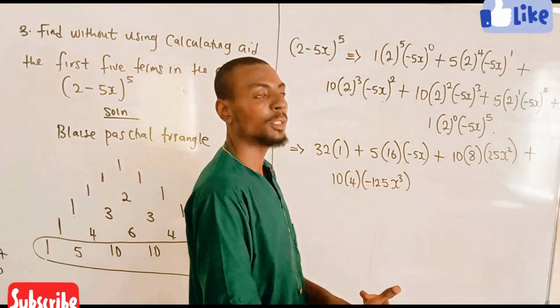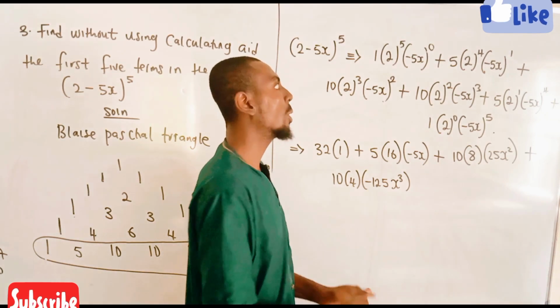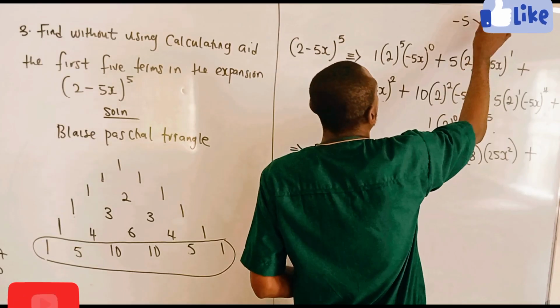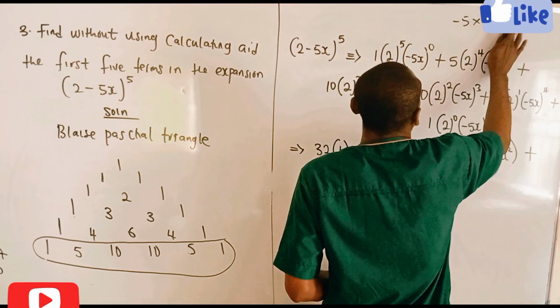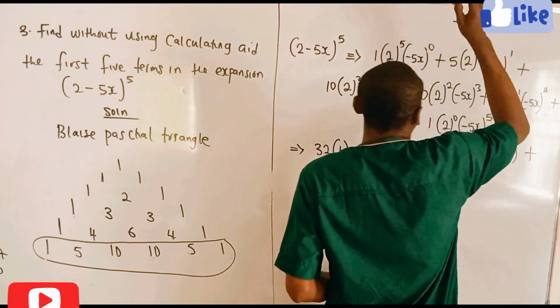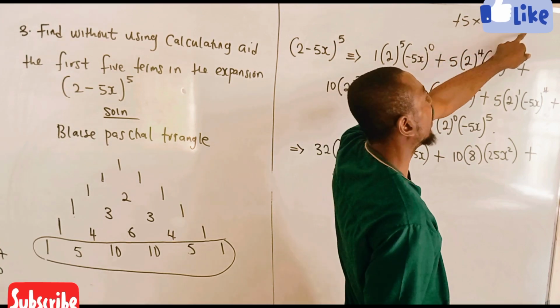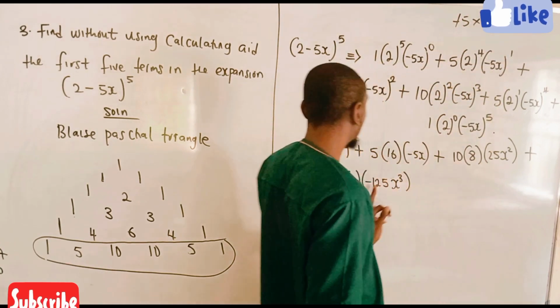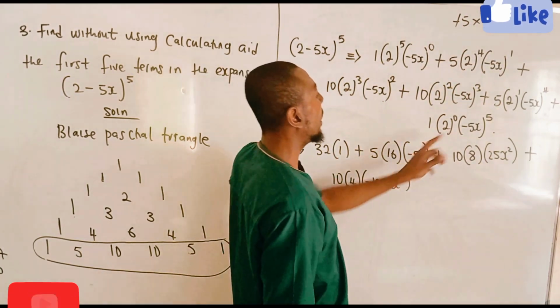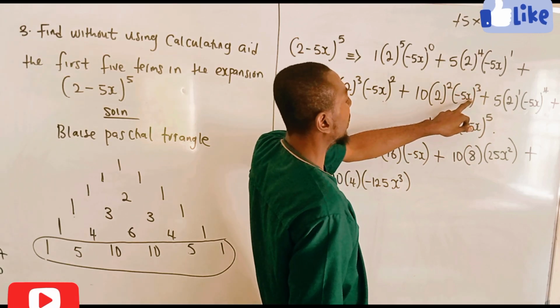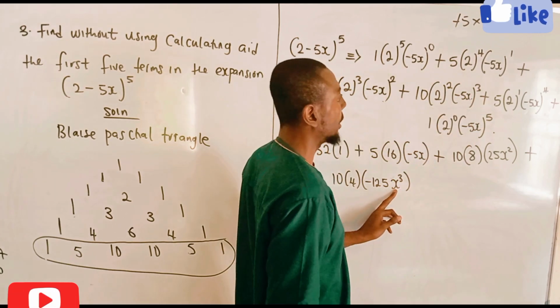Minus 5 times minus 5 times minus 5. Something like this. That's minus 5 multiplied by itself 3 times, so that minus cancels minus. You find out that 5 times 5 times minus 5 will give us minus 125. Then the 3 affecting x will give us x cubed.